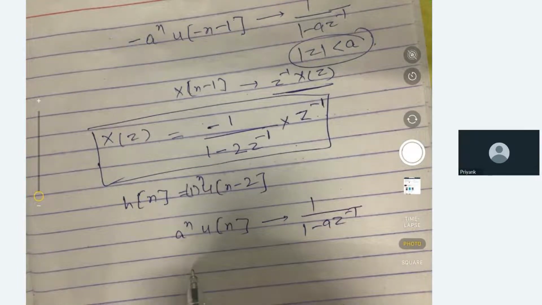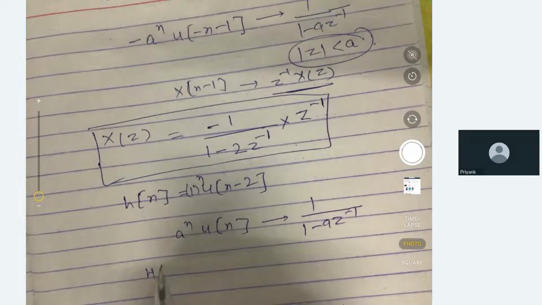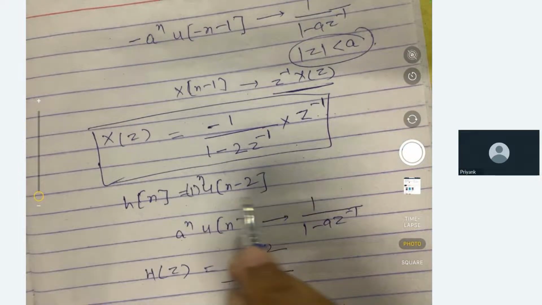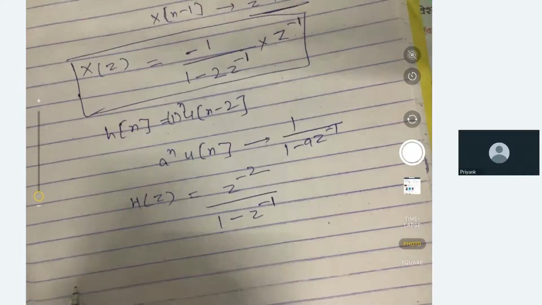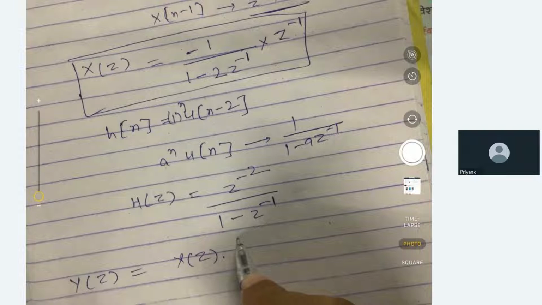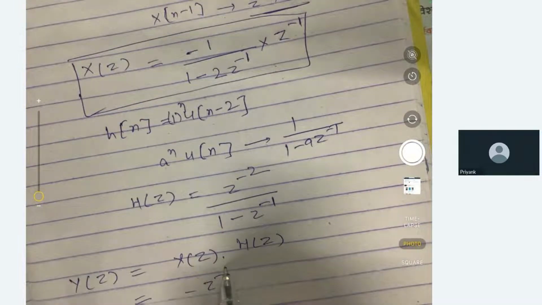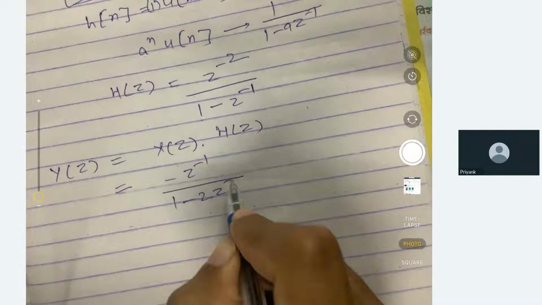So H(z) is equal to z raised to the power minus 2 upon 1 minus z inverse. Now let's find Y(z), which is X(z) into H(z), equal to minus z inverse upon 1 minus 2 z inverse, into z raised to the power minus 2 upon 1 minus z inverse.